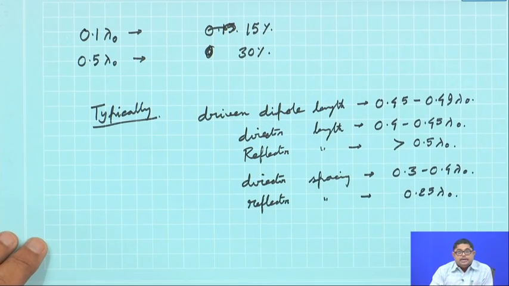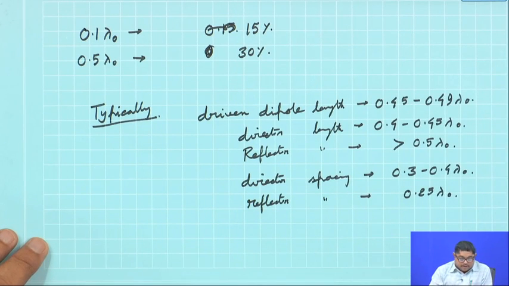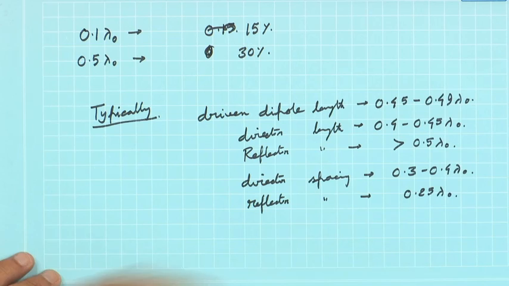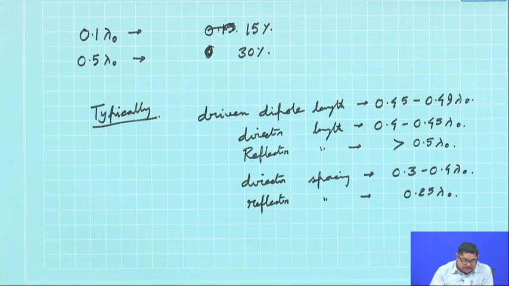Now, the directors are not necessarily of the same length and diameter, various designers use different values, and it has been found that more than one reflector does not change the radiation characteristic. So, usually in most designs there is only one reflector.